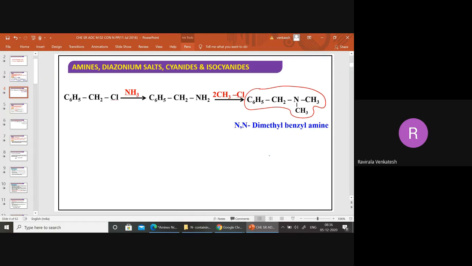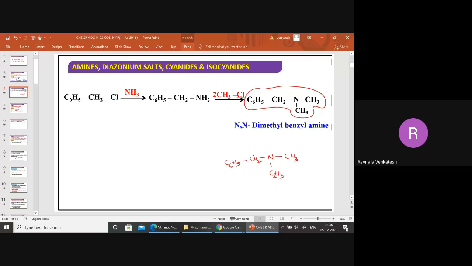That means on nitrogen, what groups are there? A methyl group. Then you take another one, C2H5. All are different: CH2, then C6H5.